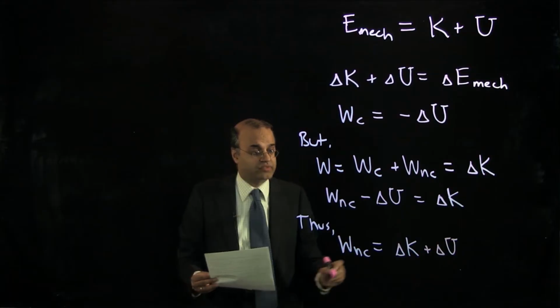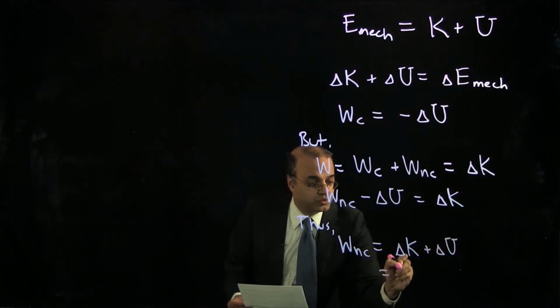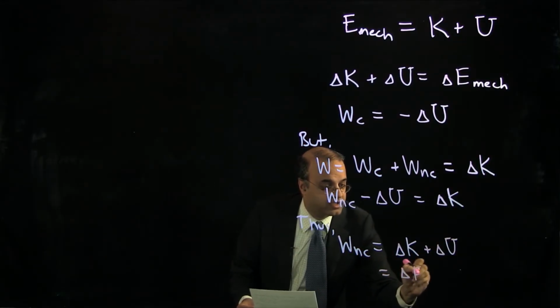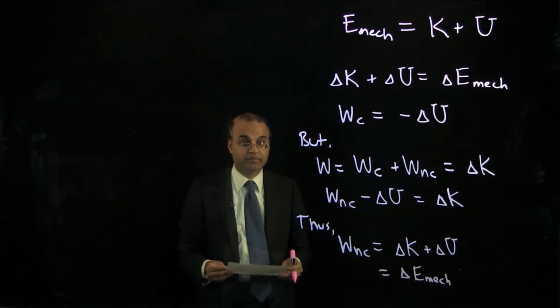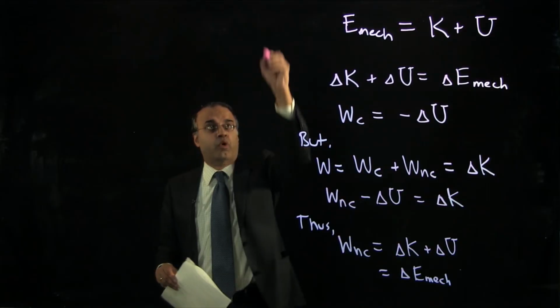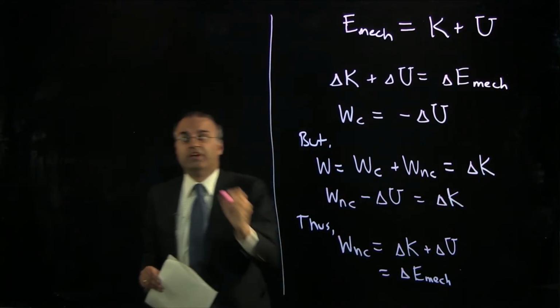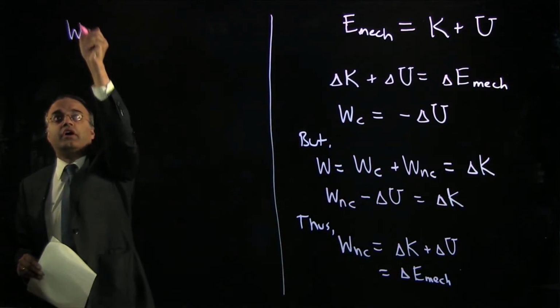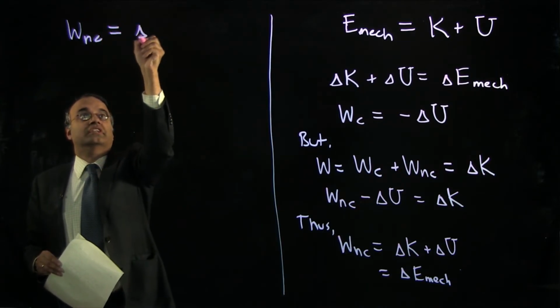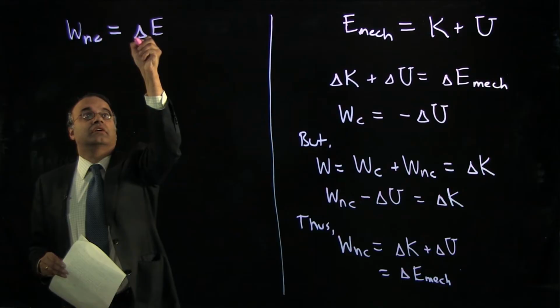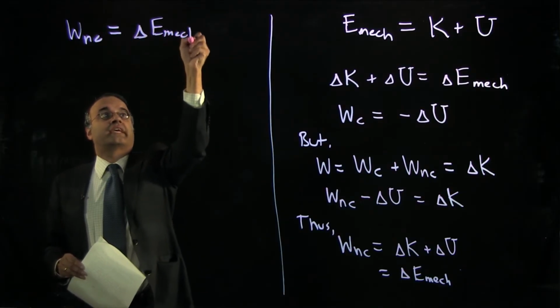So the non-conservative work is equal to the change in the total mechanical energy. This is a sufficiently important result that I'm going to write it by itself in a box. So the non-conservative work is equal to the change in the total mechanical energy.